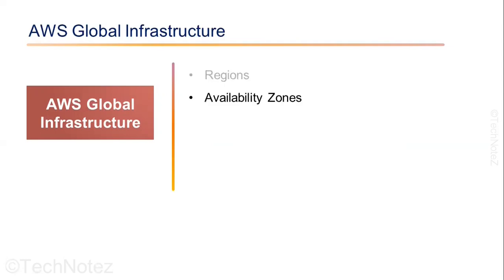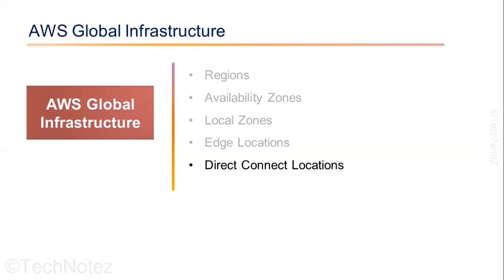Within a region, we have availability zones, and each availability zone contains multiple data centers for high availability. Local zones bring the cloud closer to users and provide low latency access to AWS services. Edge locations are used to deliver content with better performance to end users and are used as a content delivery network. Direct Connect locations are physical locations where customers can establish a dedicated connection to AWS to access cloud resources.